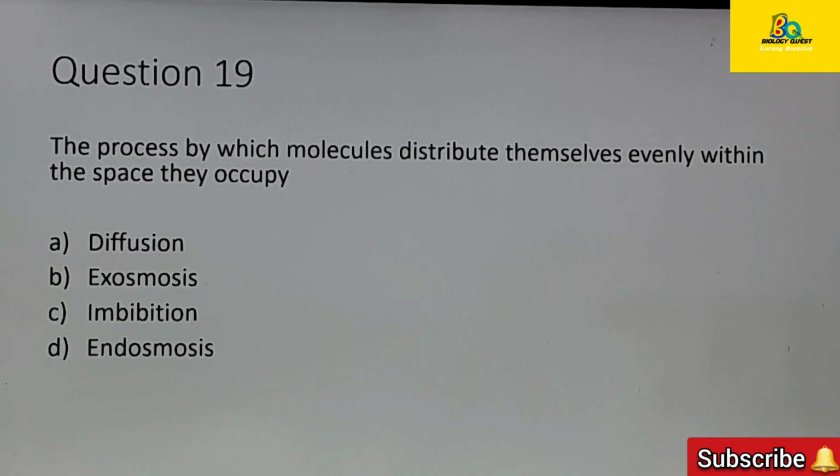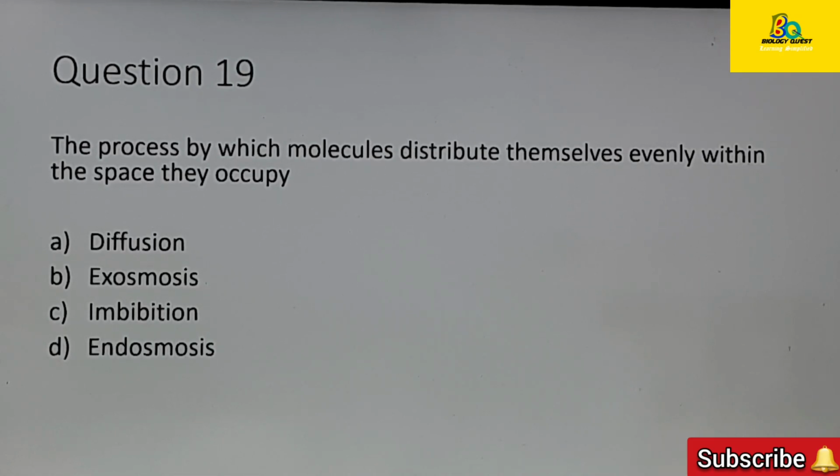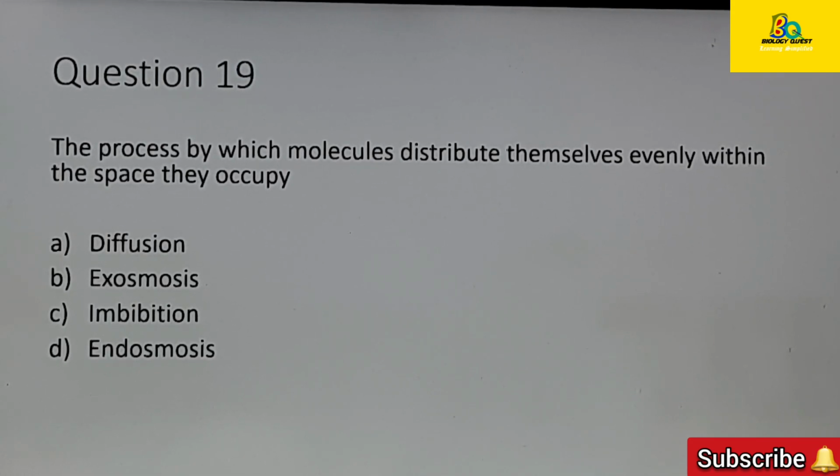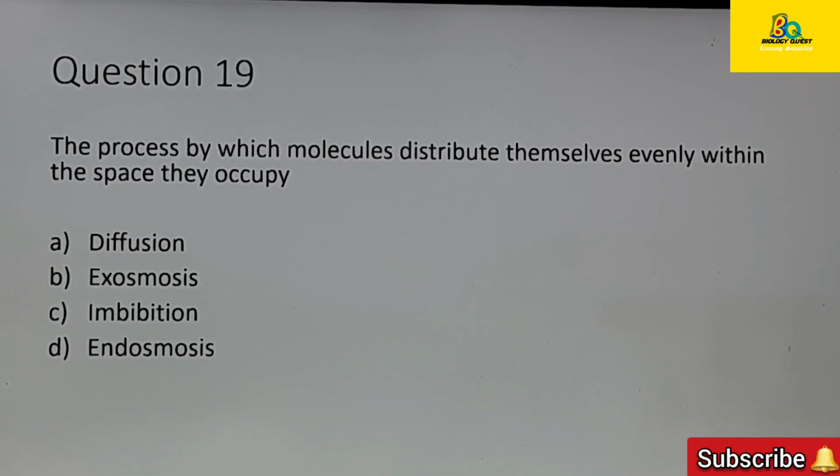So this process is called diffusion. When a crystal of potassium permanganate is put in a beaker of water, the molecules get distributed evenly within the water inside the beaker, and this process is called diffusion.